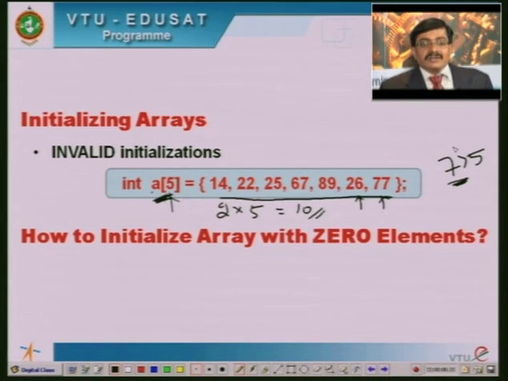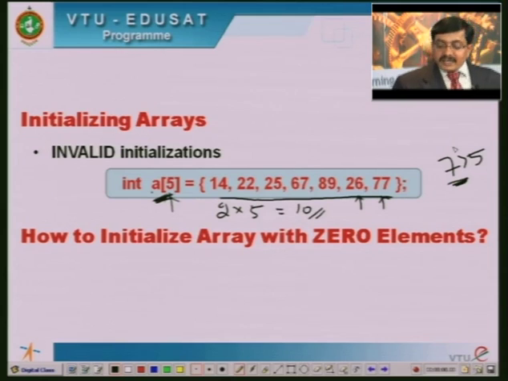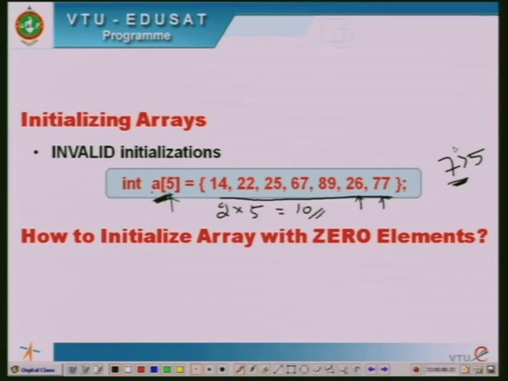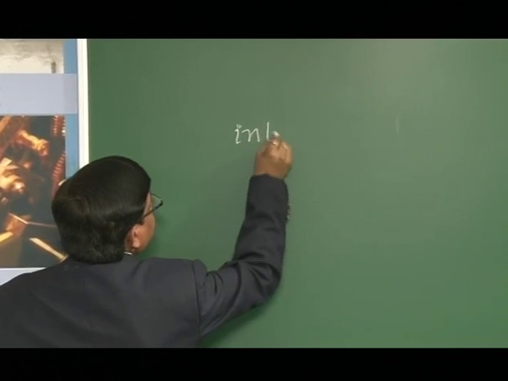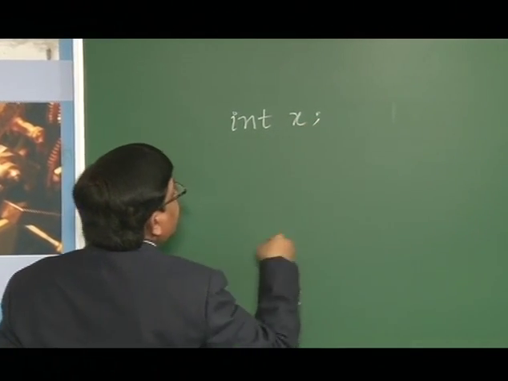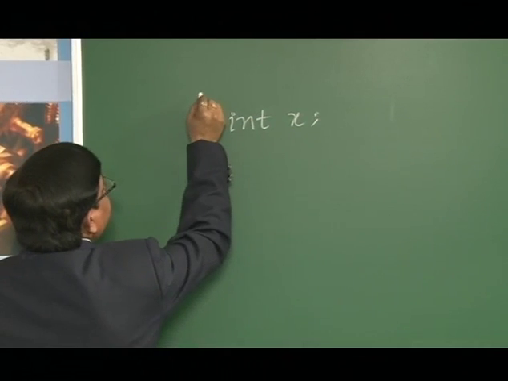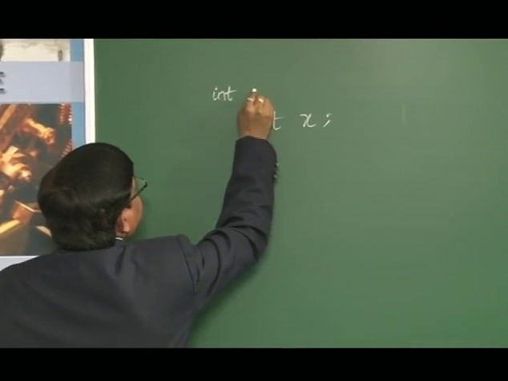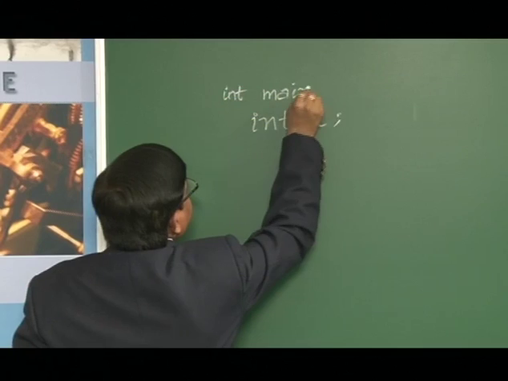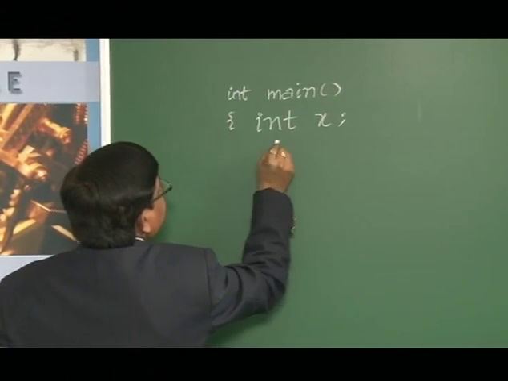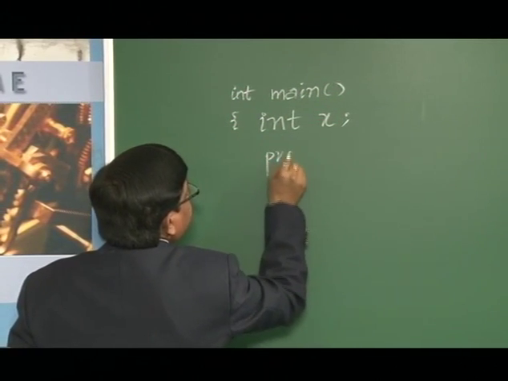Now, if I want to initialize an array with 0 elements, we know that when I declare a variable locally, the default value it will get is a junk value. For example, I have a declaration int x. Here I have not initialized any value. Say I am writing a program, int main, with this declaration and one printf statement.